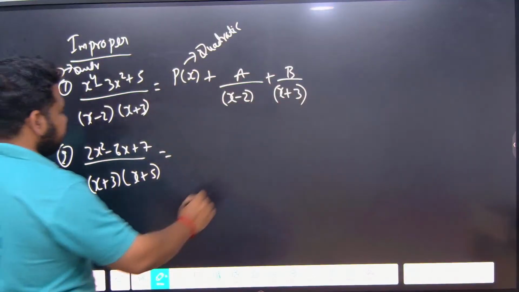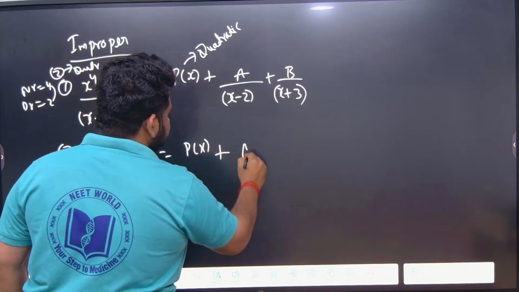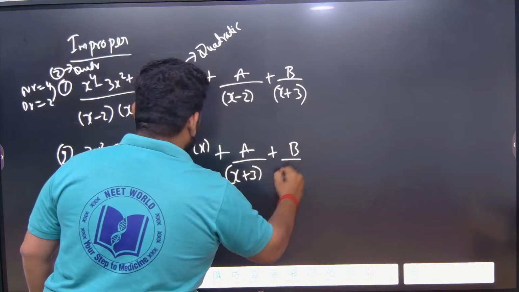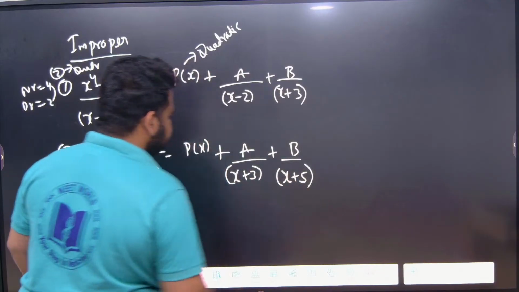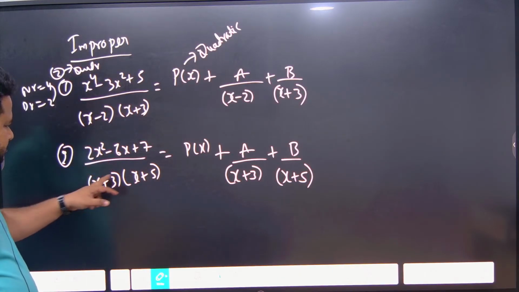Now look at this, I can write it as p(x) plus a by (x plus 3) plus b by (x plus 5), directly I can write it. So what is the value of p(x), whether it is linear, quadratic or biquadratic? See here, x square is there, here also x square is there.